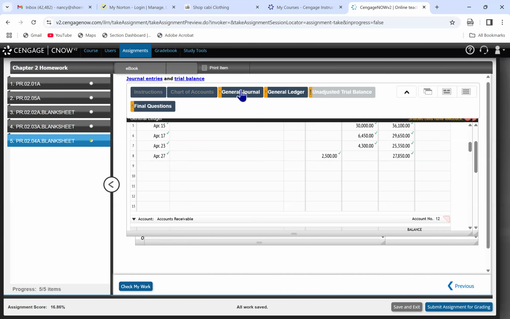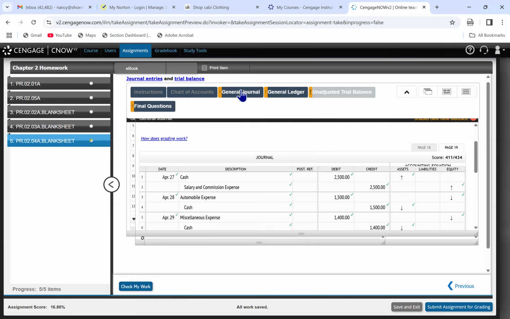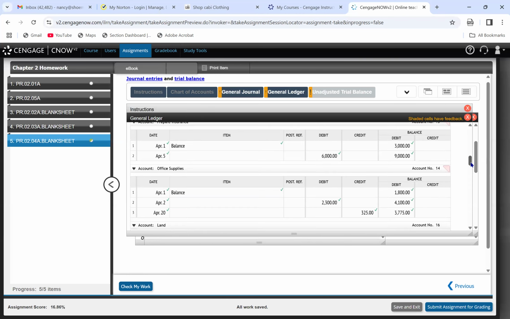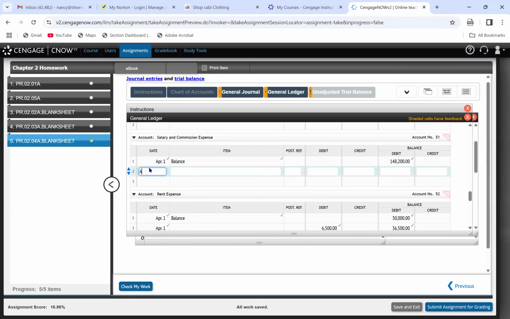On the other side, we'll credit our salary and commission expense for 2,500. So we'll go find our salary and commission expense, April 27th, of 2,500, and this lowers this account. 148.2 minus the 2,500 is 145.7.